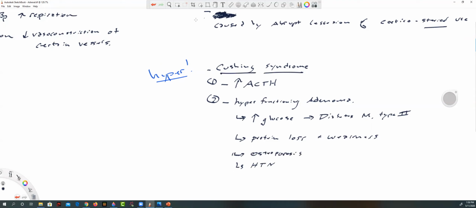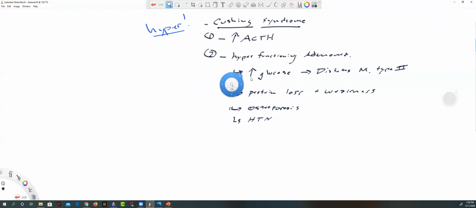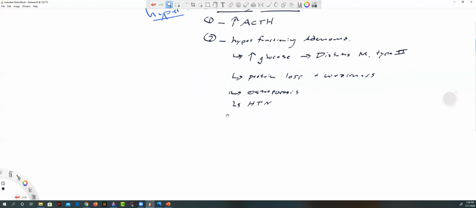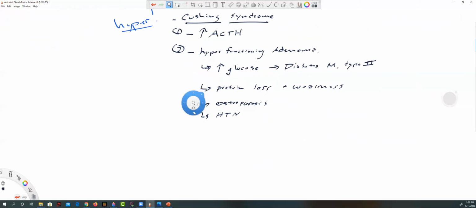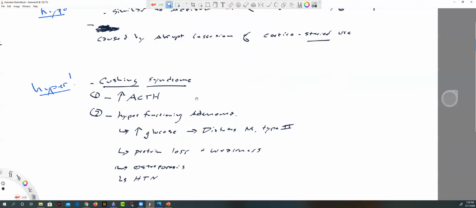Now, the thing about Cushing's syndrome, we need to know a little bit about it, but you can't really look at it. You're not gonna see an adrenal gland and say, oh, it must be Cushing's syndrome. Not gonna happen. But since it is such a prevalent thing, you need to know a little bit about it.